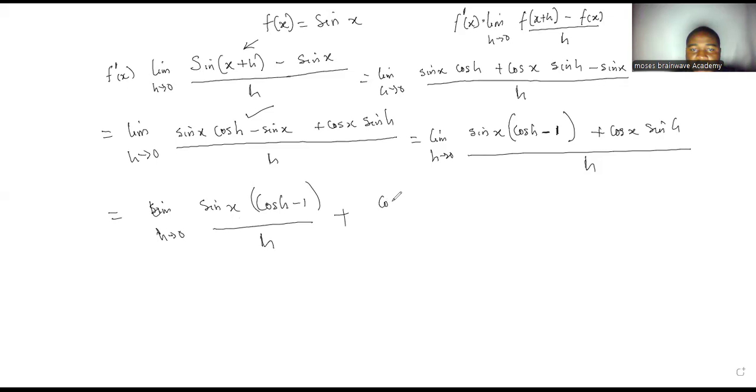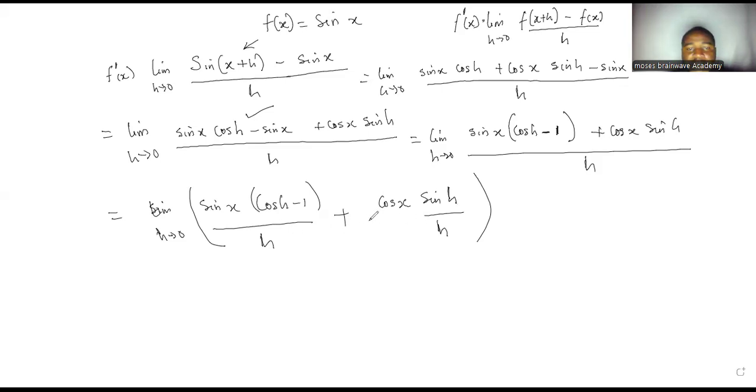I can have cos x sine h upon h, right? So all these elements are the same. The denominator is for all of them, so I can decide to split them this way.